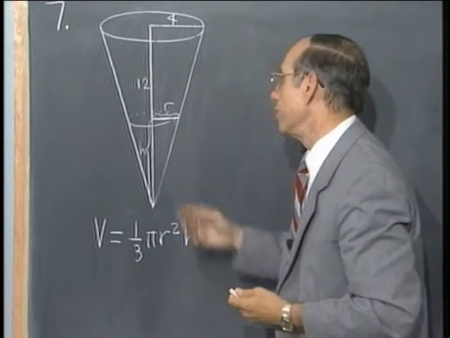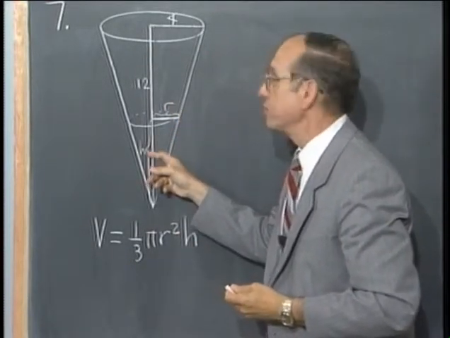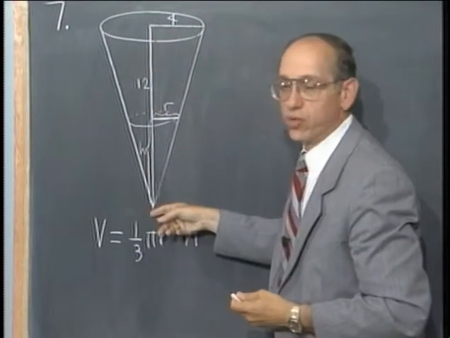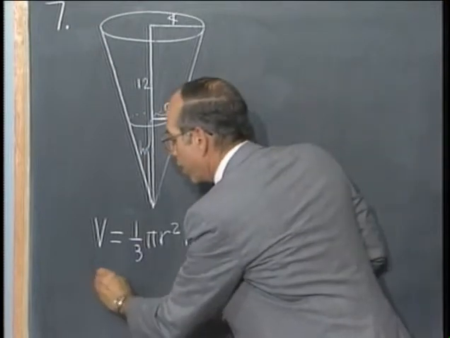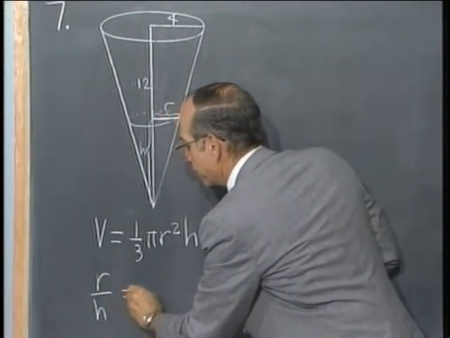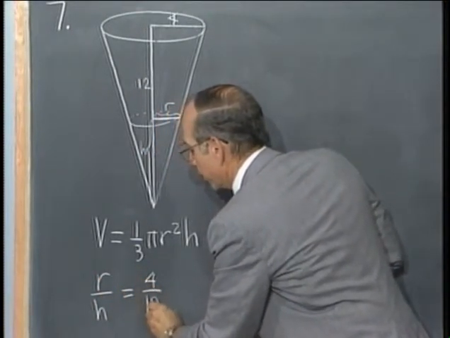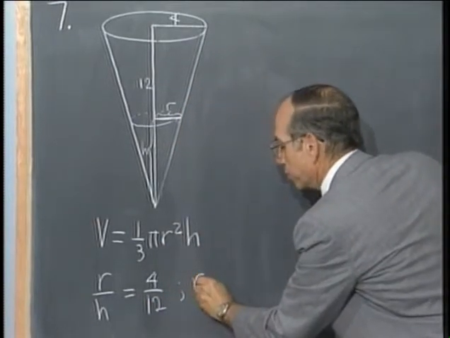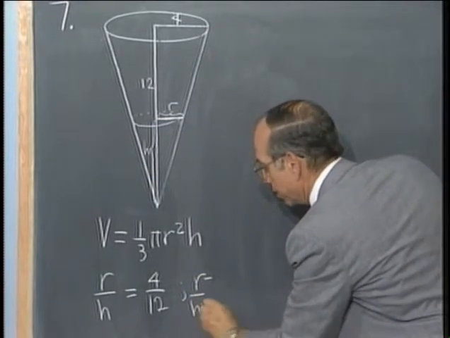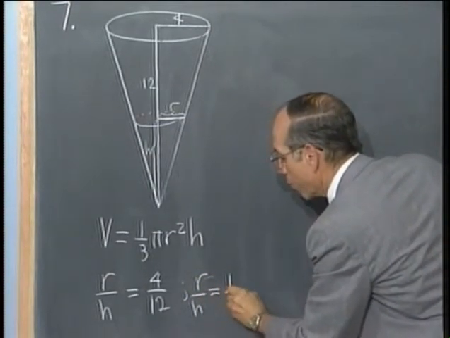In other words, we have r is to h as 4 is to 12. Or in other words, r over h is equal to 1/3.